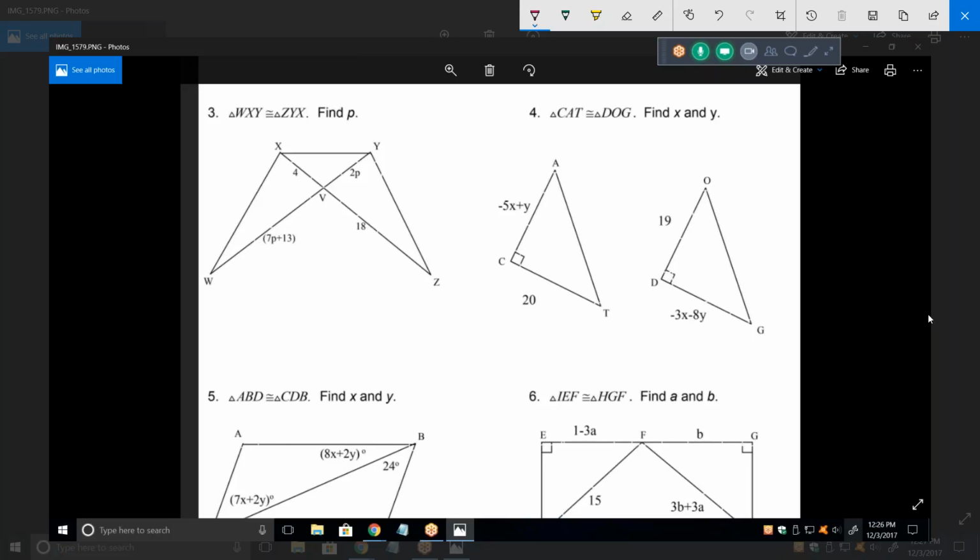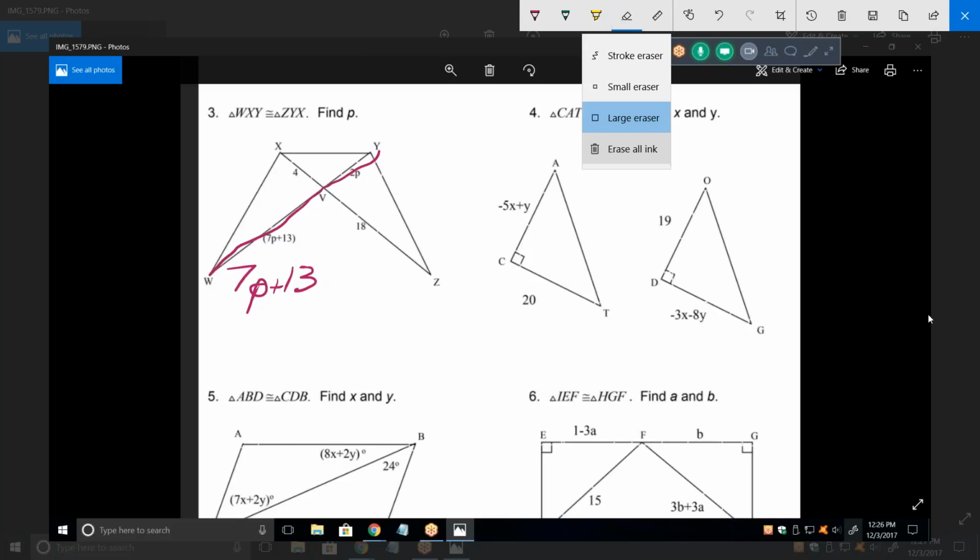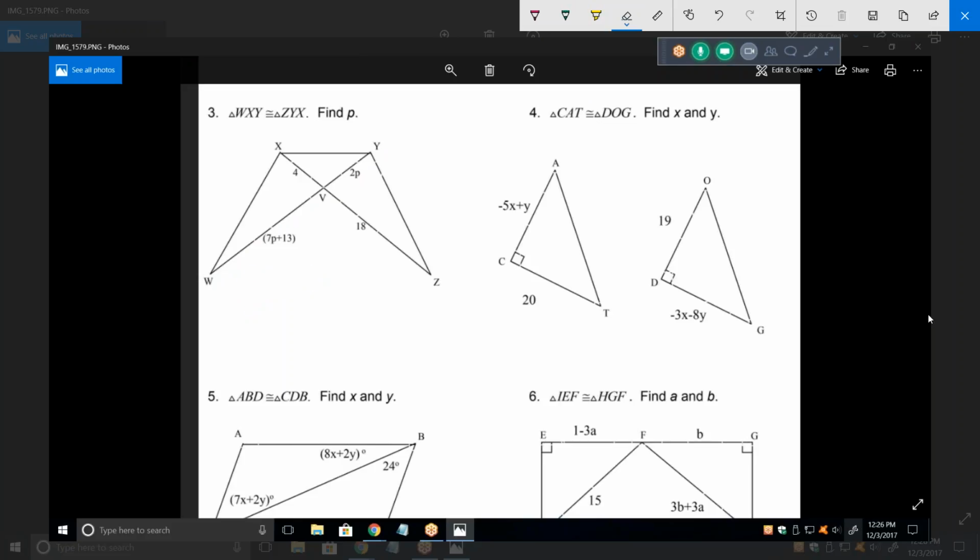Give me an equation, because I don't know what you mean exactly. 7p plus 3 equals 2p plus 13? No. Does that look like it equals that? I don't know. No. Well, can you see? That's pretty long. That's pretty short. Always apply a ballpark test. Never just write something. Look at it and see if it makes sense. So no, that can't be true.